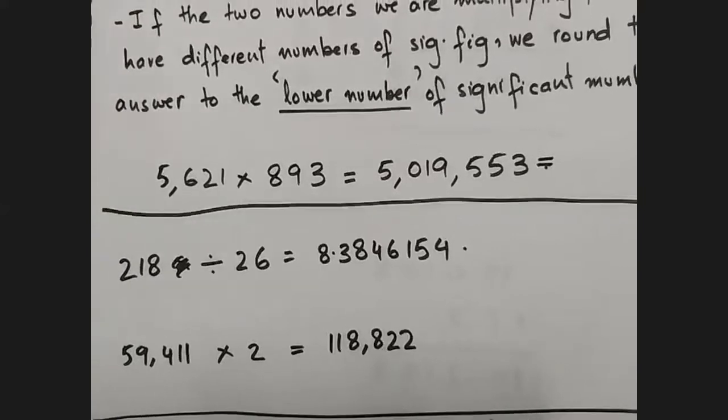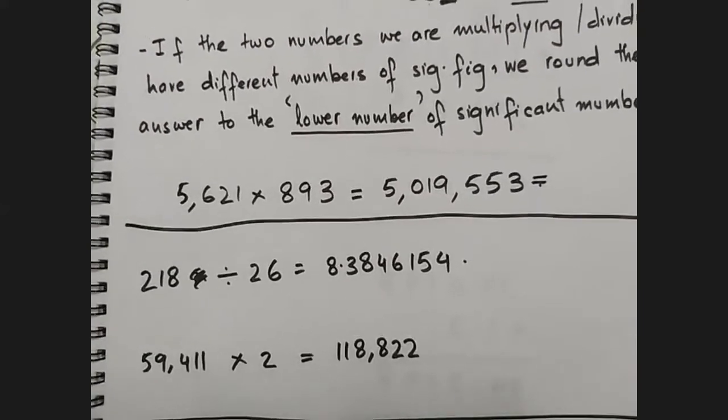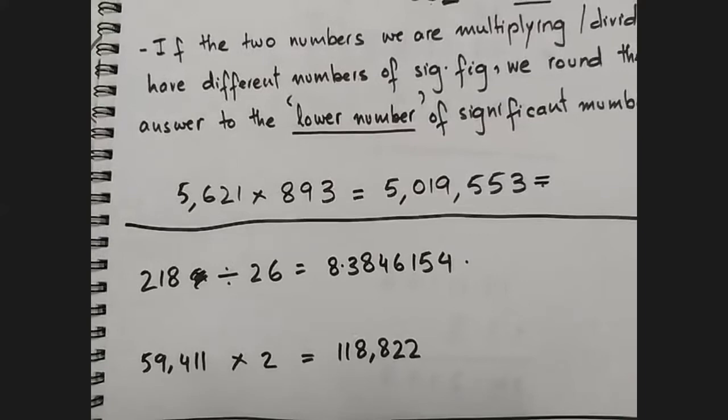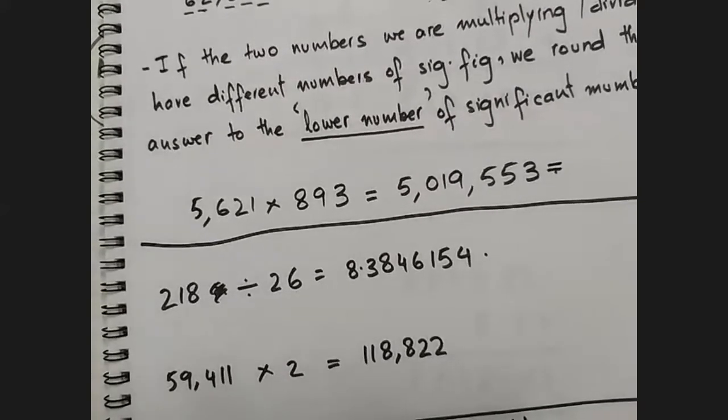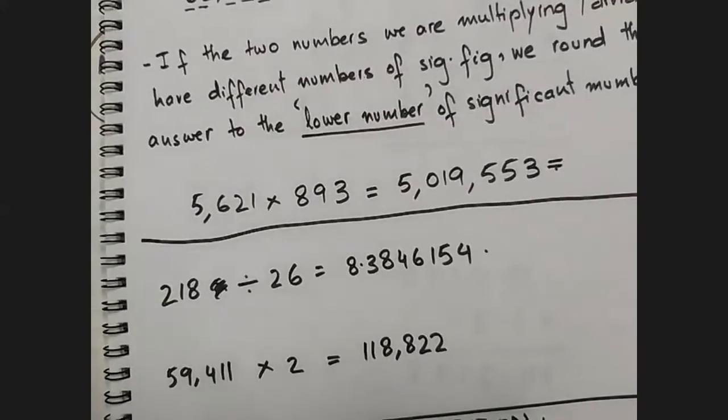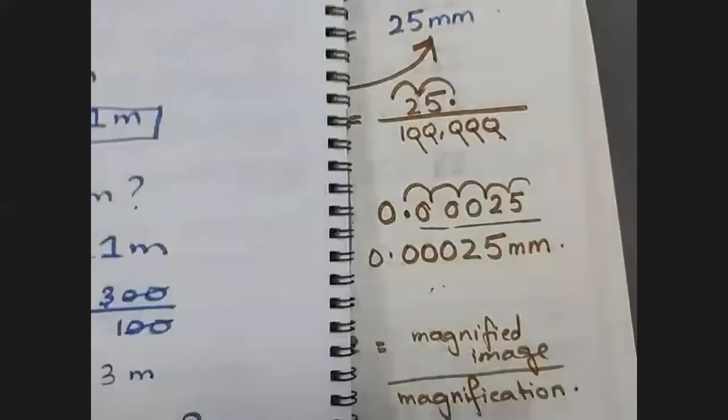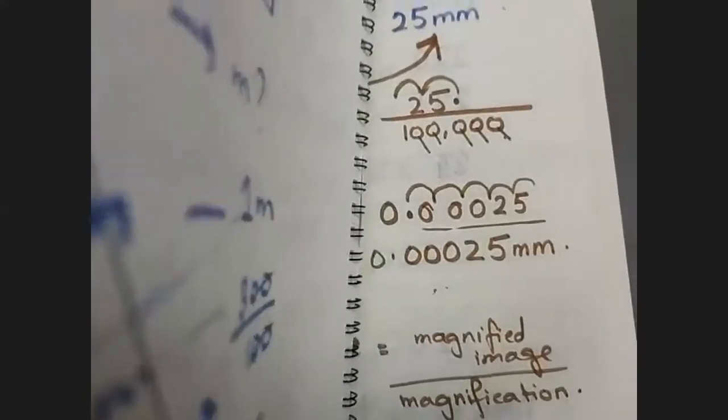This is only for the trailing zeros, not for the leading zeros. Remember, I gave you an example for the leading zeros.